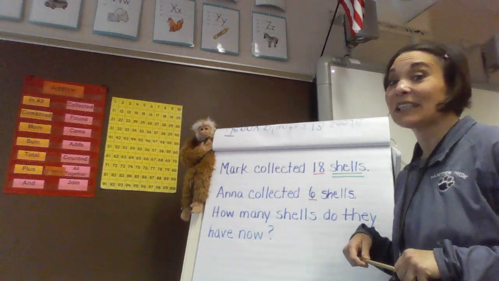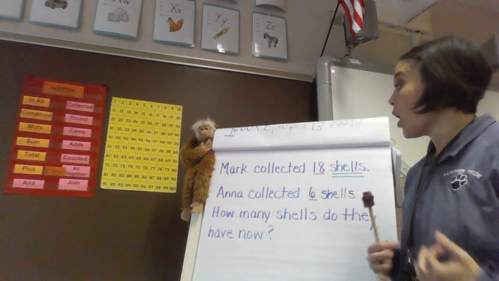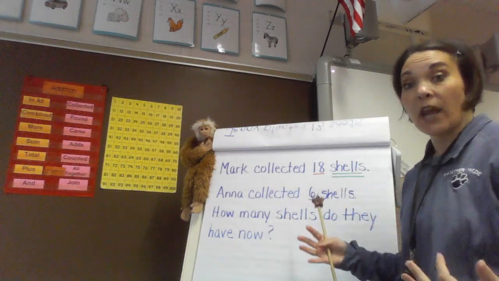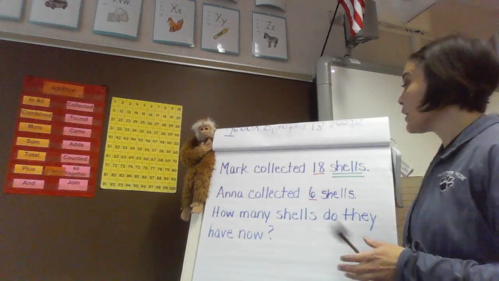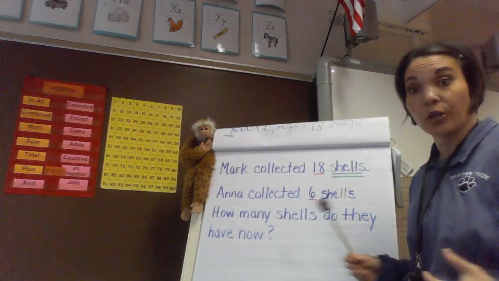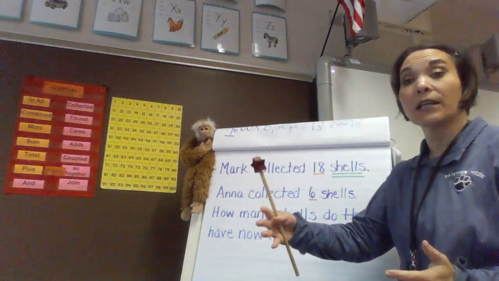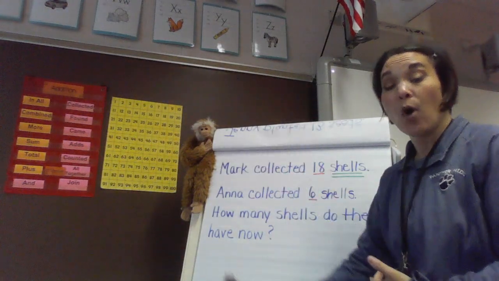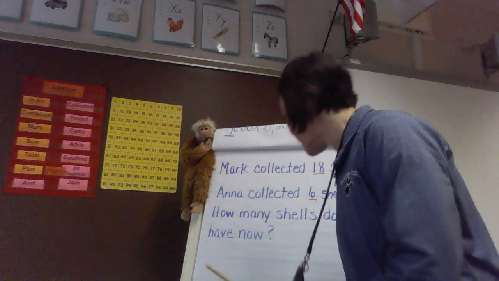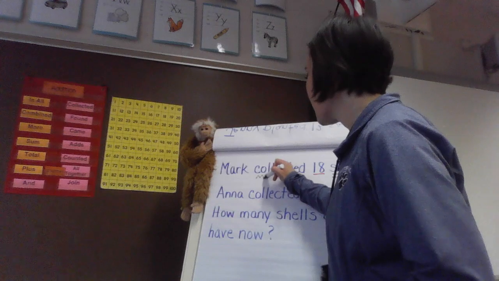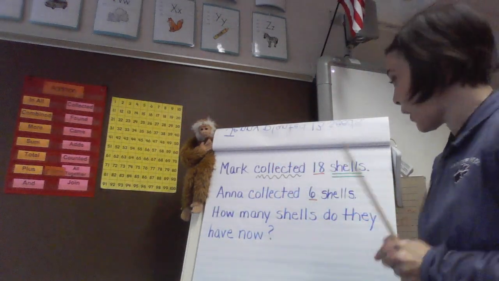It's definitely collected, because when you're collecting something, you're gathering an amount of whatever it is, whether it be stamps or coins or marbles. Here, they're collecting shells, so they're gathering a lot of shells. So if you're collecting, more than likely, you are going to be counting them all together in some sort of way. So let me take my black marker and I'm going to put a squiggle underneath the word collected because that is going to be my clue word.